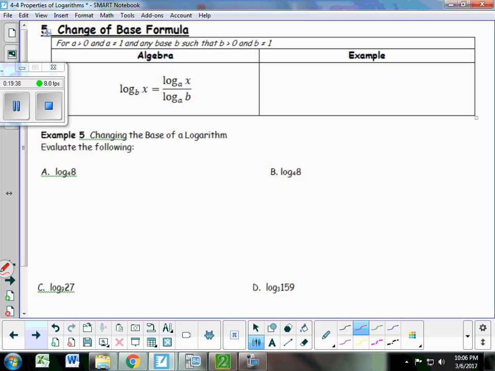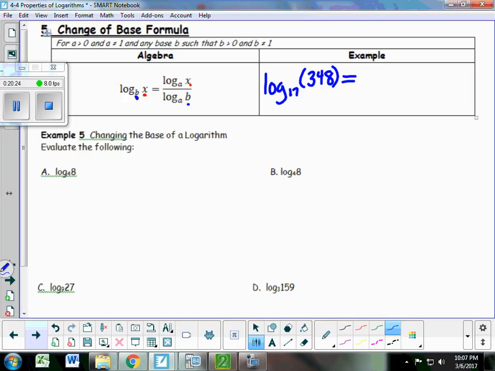The way it works is if you're trying to find log base b of x, you can rewrite it as log base some base a of x, and that x must go on top, divided by log base a of b, and that b must go on the bottom. You think of the base, because this is the base, as needing to go on the bottom in your fraction. So an example would be like log base 17 of 348, let's just say. Okay.